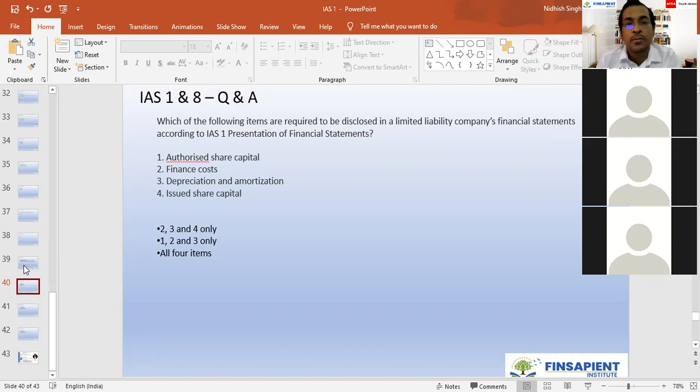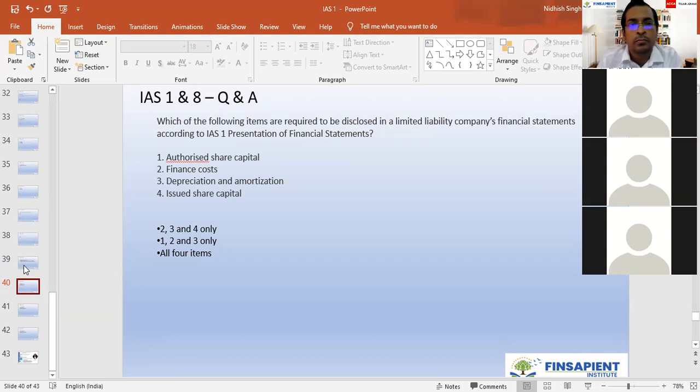Which of the following items are required to be disclosed in a company's financial statements according to IAS 1, presentation of FS? I think all 4 items.